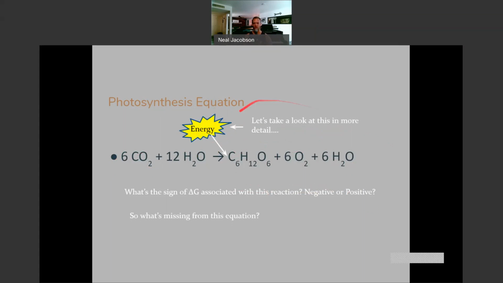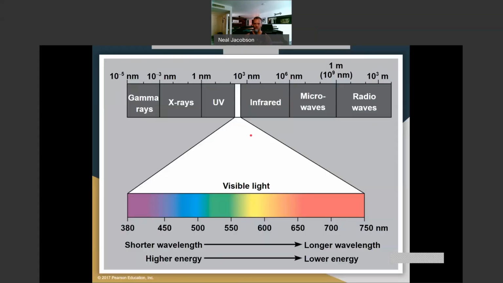Okay, so we're going to look at the energy that comes from the sun in more detail, right here. This is your electromagnetic spectrum, done on a logarithmic scale, using nanometers as a unit of measure. A meter is about 3 feet long. 1/1000th of a meter is a millimeter, 1/1000th of a millimeter is a micrometer, and 1/1000th of a micrometer is a nanometer.